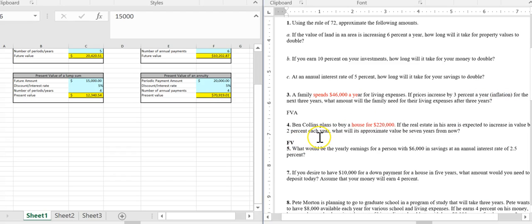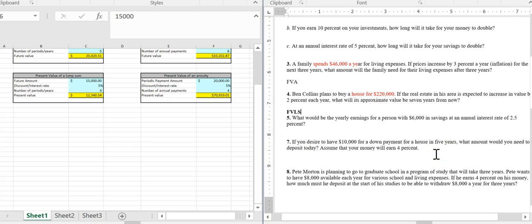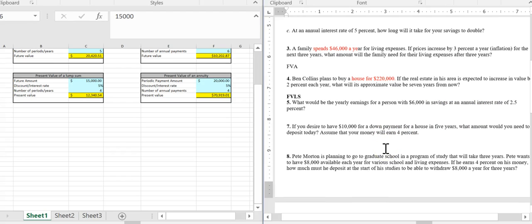So it's going to be future value of a lump sum. What would be the yearly earnings for a person with $6,000 at savings? That's just a simple interest rate problem. Number 7, if you want $10,000 in 5 years, what would you need to deposit today? We had a very similar problem to that I just went over.